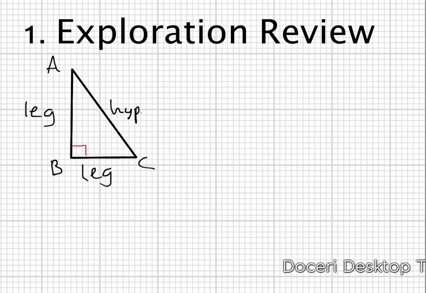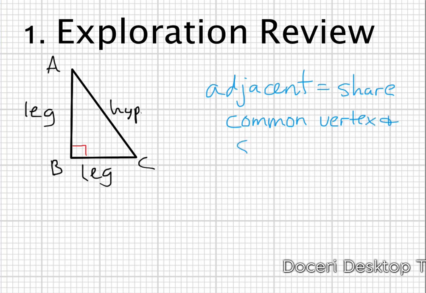When we talk about adjacent, if you remember from earlier in the year, adjacent is the same as saying that they are right next to each other or that they share a common part. Okay, so if I'm talking about two angles being adjacent, they would share a common vertex and side.